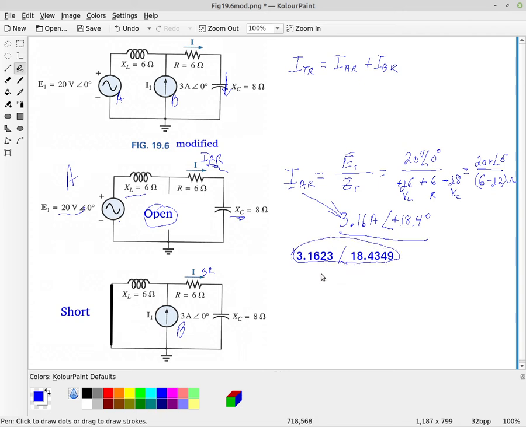So I'll keep those 5 digits there for later reference. Actually, I've got 6 digits for the phase angle over here.